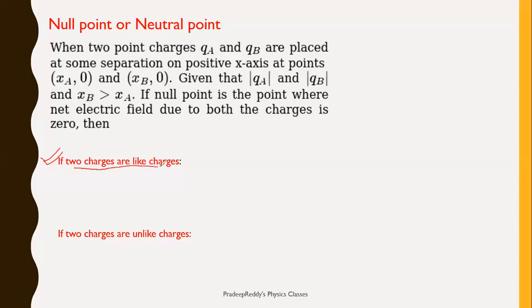If two charges are like charges, you are taking two like charges, say here is QA and here is QB. These two charges are separated by certain distance R, and it is given condition that QA magnitude is not equal to QB. QA and QB magnitudes are not equal. As these two charges are same, like they are positive charges, a neutral point can be located somewhere in between QA and QB.